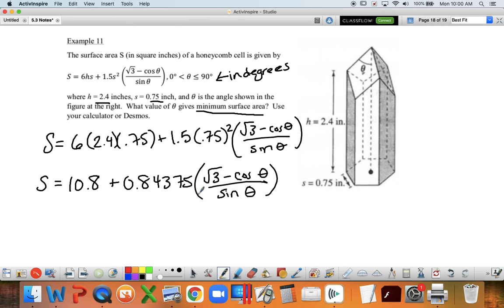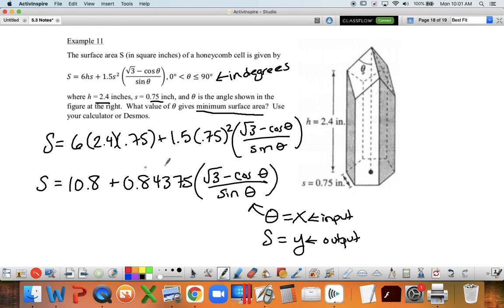That is my equation. I just want to figure out at what value of theta I will get the smallest value of surface area. When we put this into Desmos or your calculator, your theta is going to equal your x value. Your S value is the output, or the y value. Remember, the angle is your input, the y value is your output, and that represents the surface area.